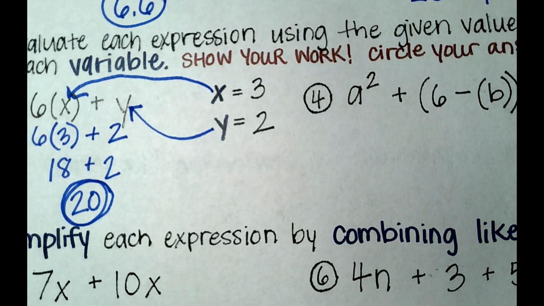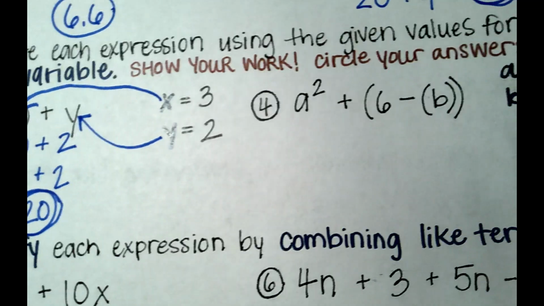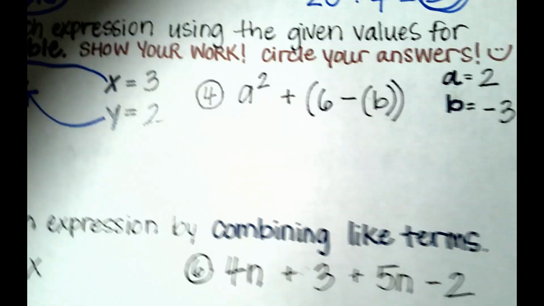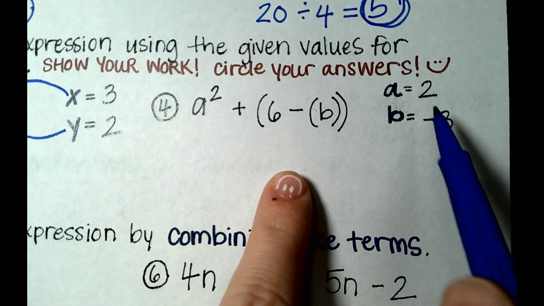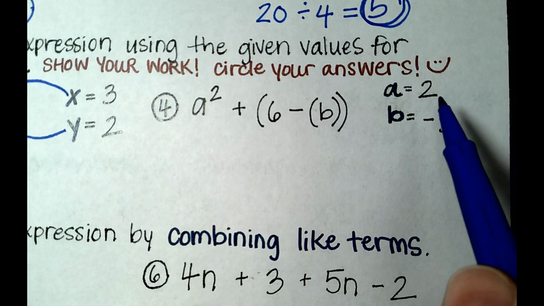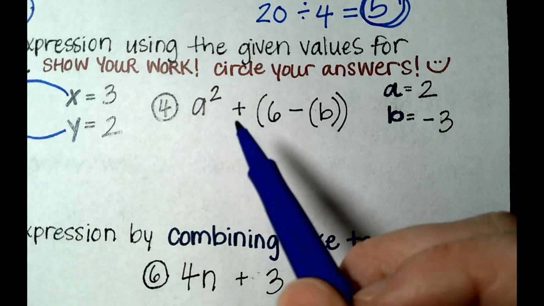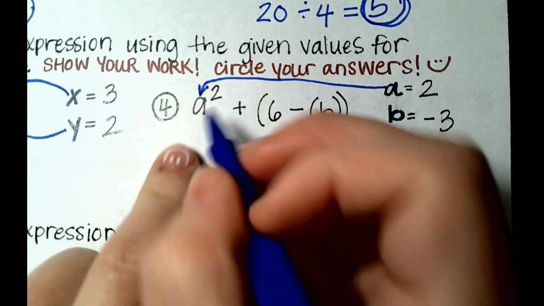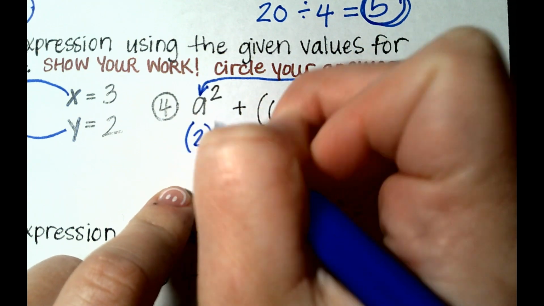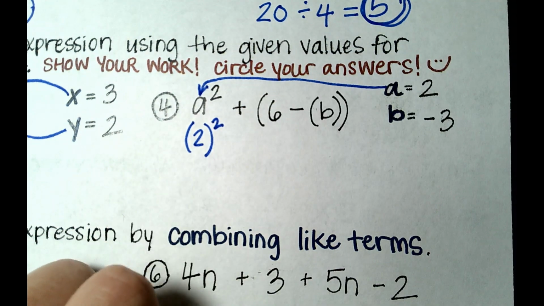Now, number 4 is a little bit tricky. A equals 2, so we're going to put 2 where a is. Yes, so instead of a squared, it'll be 2 squared.